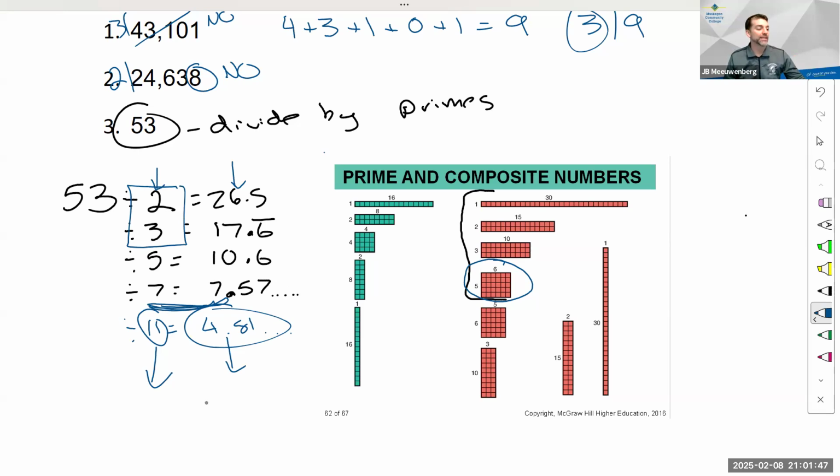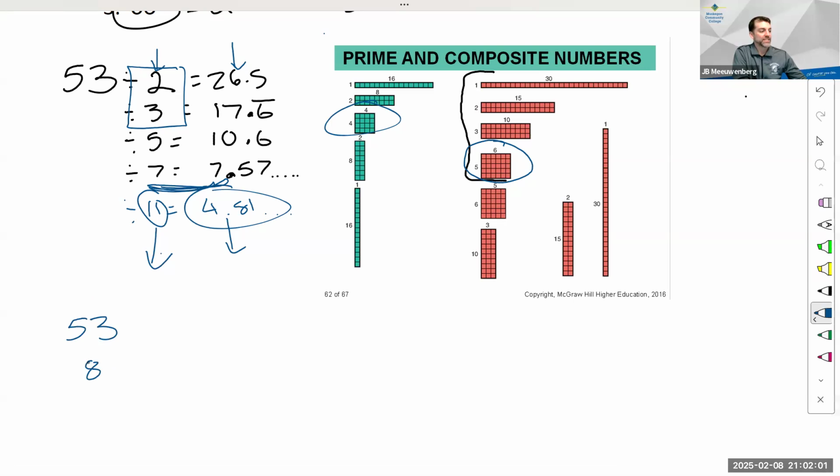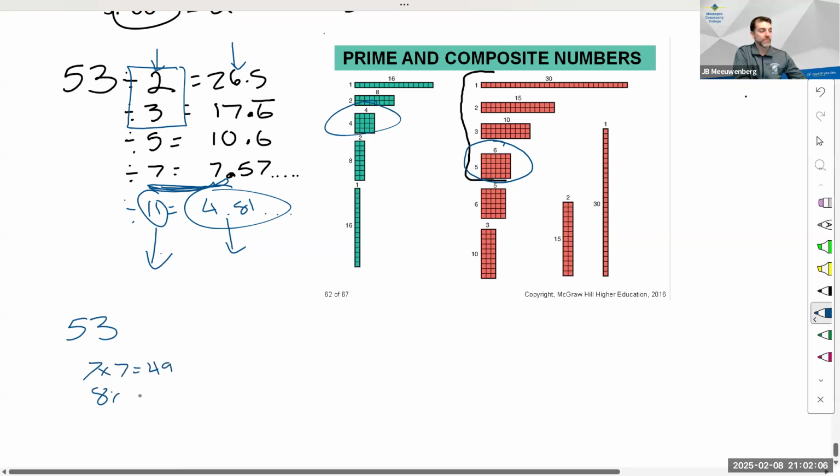The reason why is this idea of square. If you think about the number 53, what is the next biggest square number beyond 53? Well, 7 times 7 is 49, and 8 times 8 is 64.